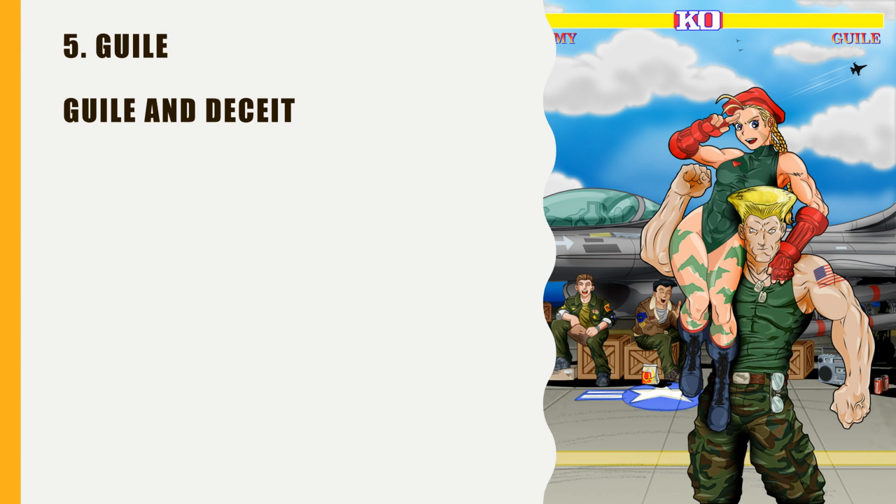Guile. Guile and deceit. Guile is deceit, duplicity, wiliness, some kind of trickery and deception. And so here in the image, this is a character, the guy there. I don't know who the girl is, but the guy is a character named Guile. That was his name. And this is a character from Street Fighter 2, a very famous game, but back a couple of decades ago.